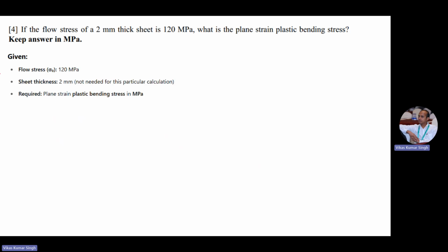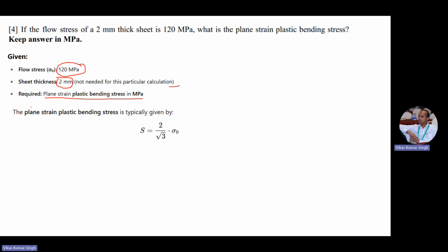Here we have been given the flow stress. The thickness is given as 2 mm, but it is not needed for this particular question. We have to calculate the required plane strain plastic bending stress in MPa.